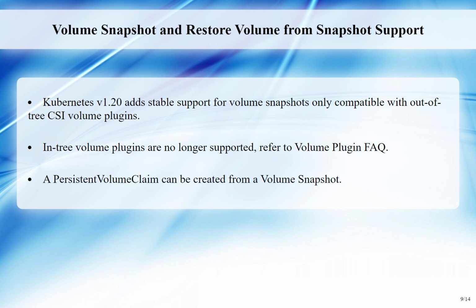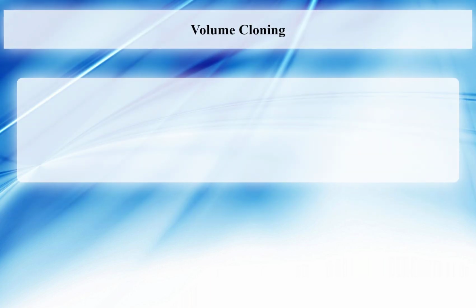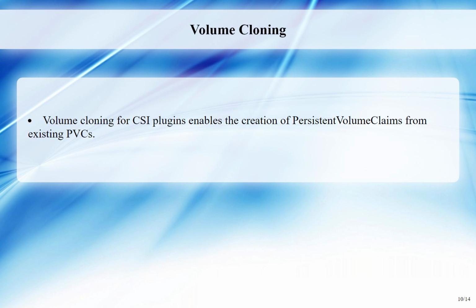One can create a persistent volume claim from a volume snapshot. Volume cloning. Volume cloning for CSI volume plugins allows for creating persistent volume claims from existing PVCs.